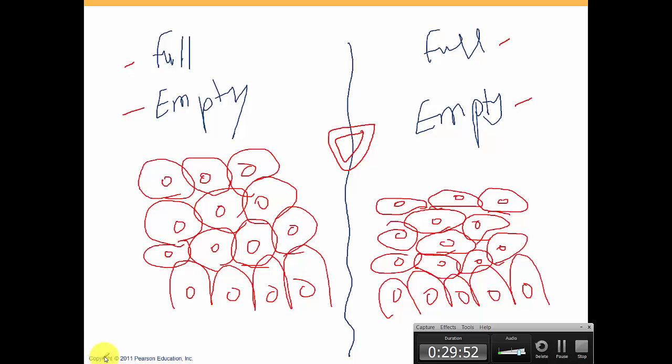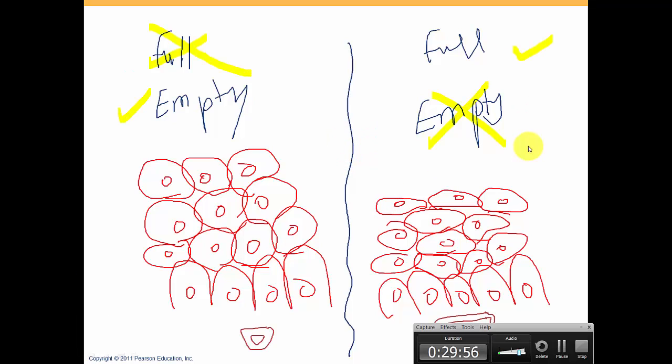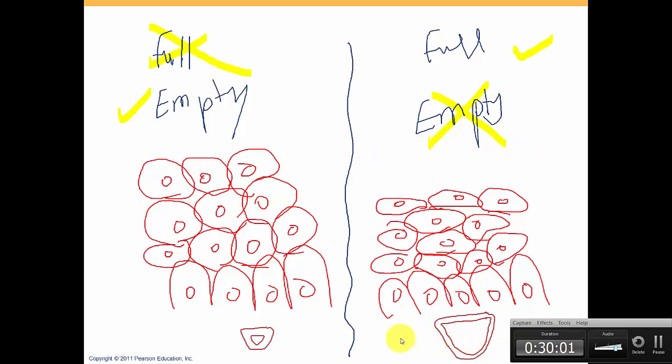Okay, I hope you had a chance to stop the video and think about this. The answer to that is the following. This is actually your urinary bladder when it's empty.